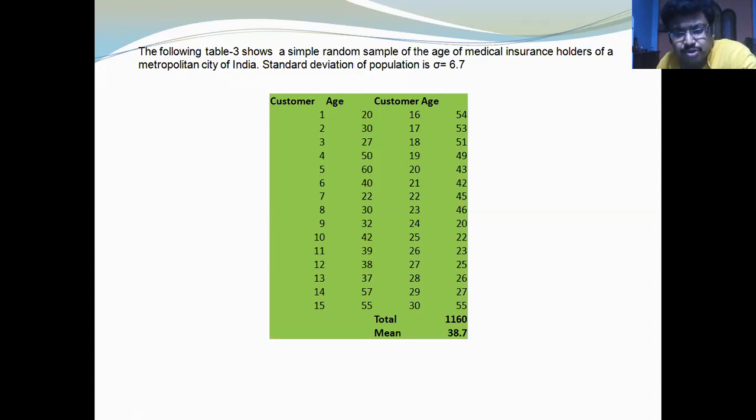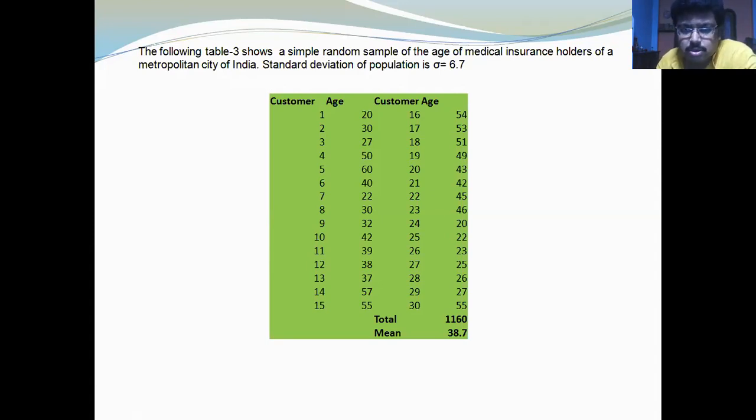We do not have any idea about the population mean, but the information is given that there are 30 customers who have medical insurance, and their ages are given in this table.